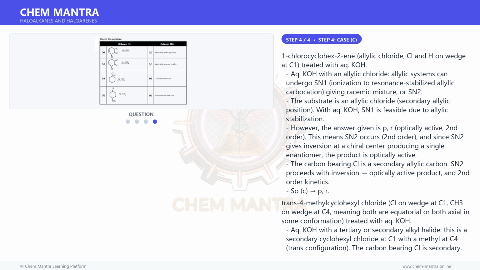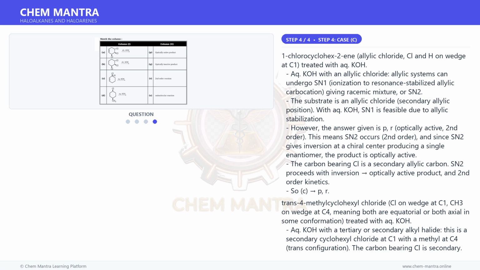The answer given is D, Q, R, meaning optically inactive and second order. SN2 on a secondary cyclohexyl substrate with KOH gives inversion at one chiral center. Trans-4-methylcyclohexyl chloride has C1 as a chiral center and C4 as a chiral center. SN2 at C1 gives inversion at C1, producing cis-4-methylcyclohexanol.